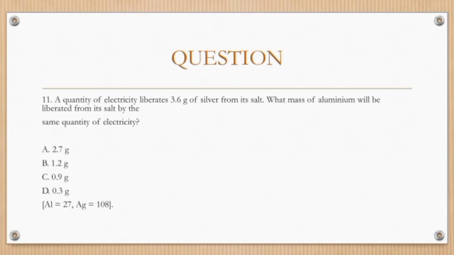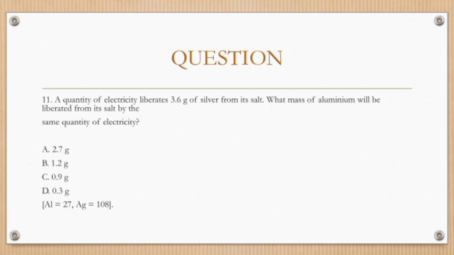Don't forget, they gave you the relative atomic mass of aluminium at the bottom of the question as 27, and that of silver as 108. When you are dealing with electrolysis, you should note things like monatomic, diatomic and triatomic elements. They are very important when calculating questions based on coulombs and the rest.